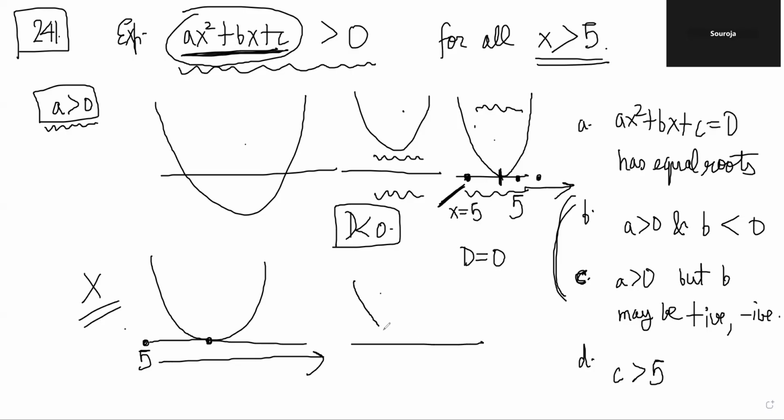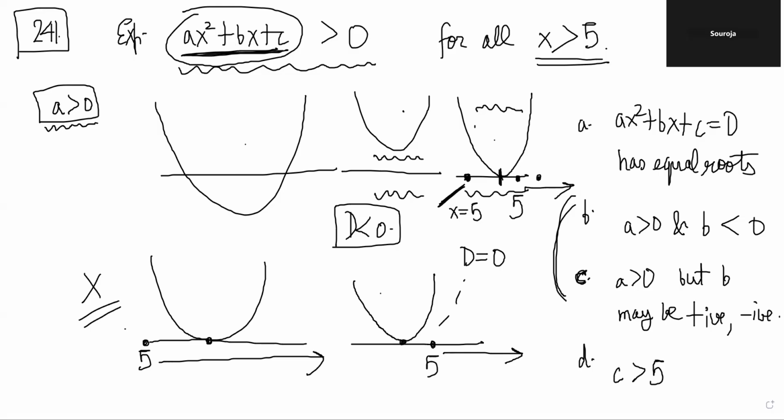What should happen is, if the graph is like this, where the equal roots graph is there and the discriminant is 0, then 5 should be on the right side of the root. Because then for all x bigger than 5, the graph is always positive.